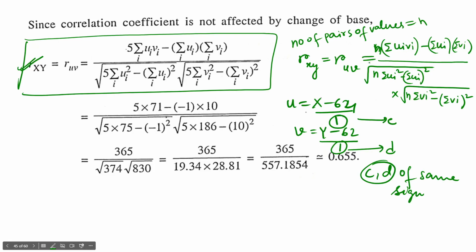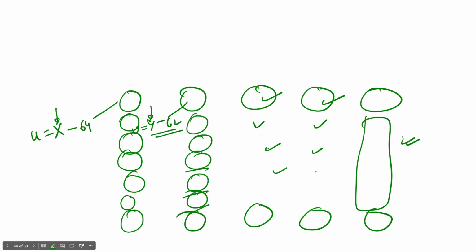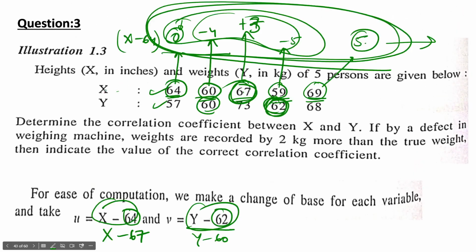Here n means the number of pairs of values. This formula is used here. So here n equal to 5.